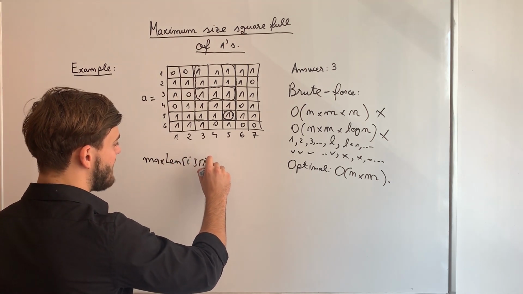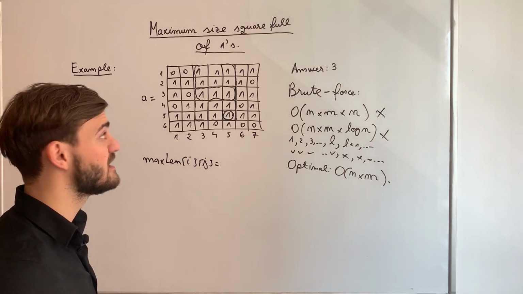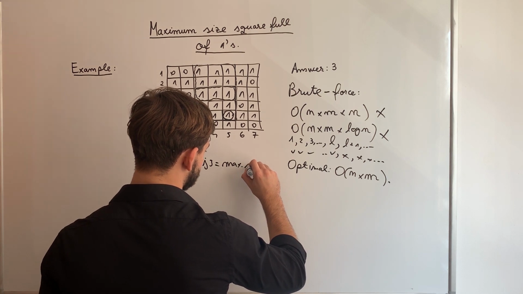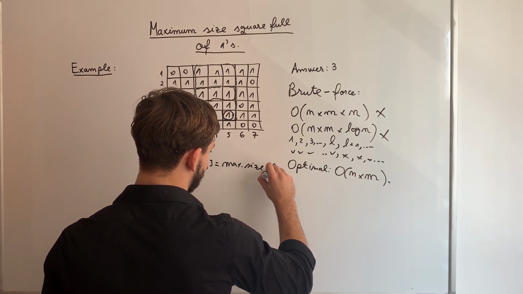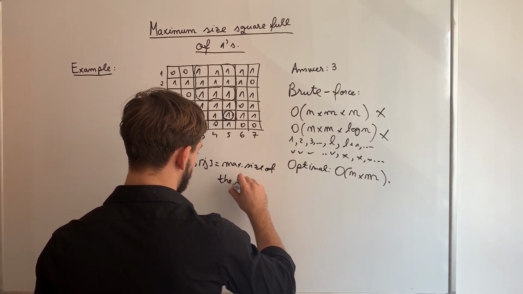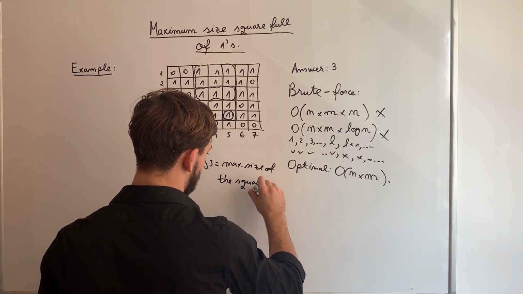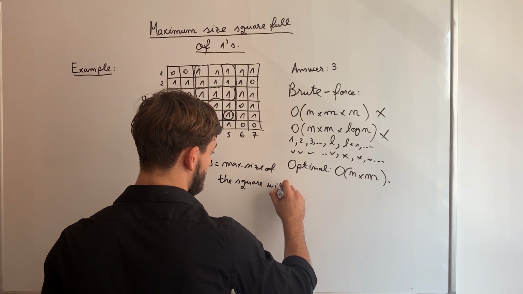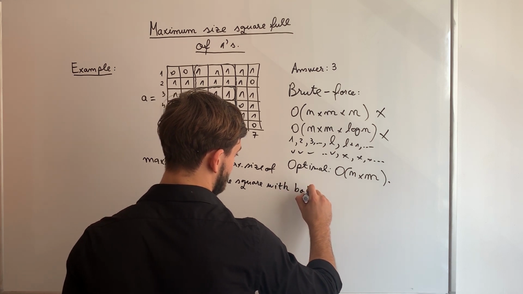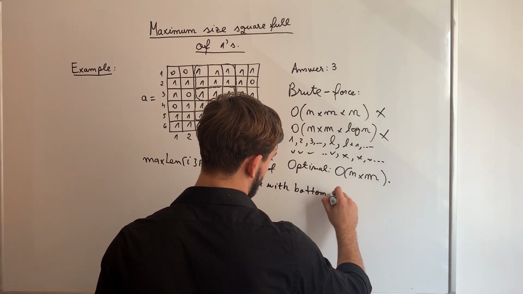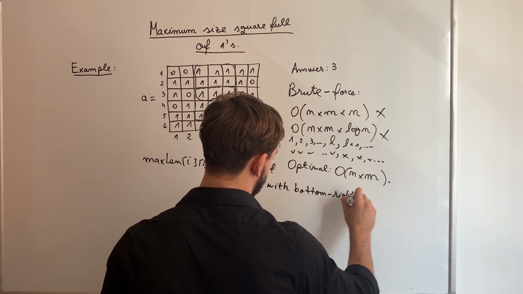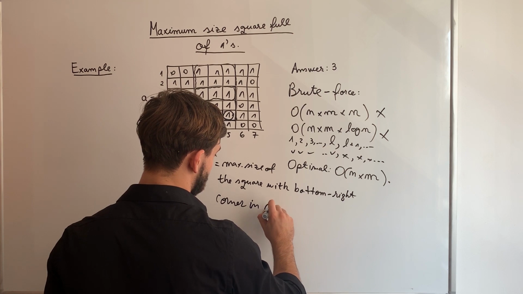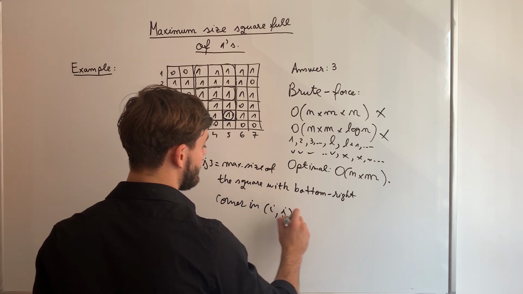And obviously maxlen of i and j is going to be the maximum size of the square which has the bottom right corner in the cell at row i and column j.